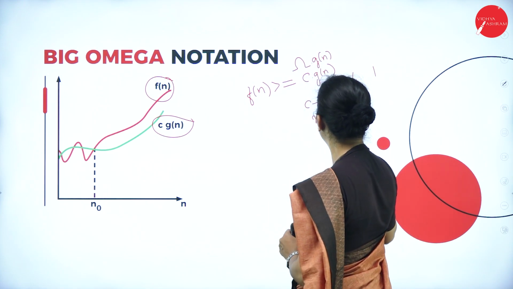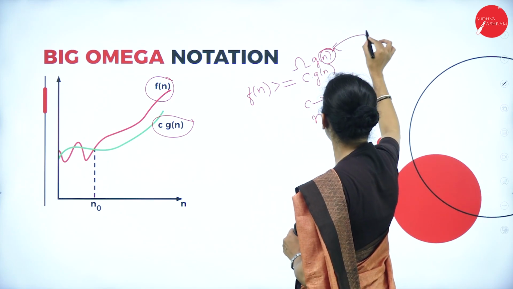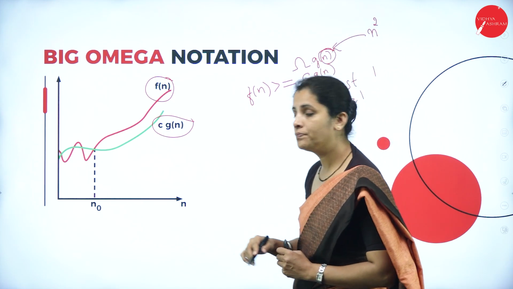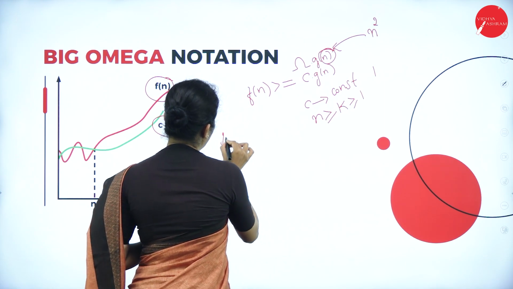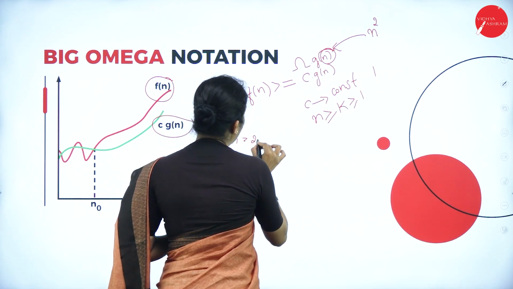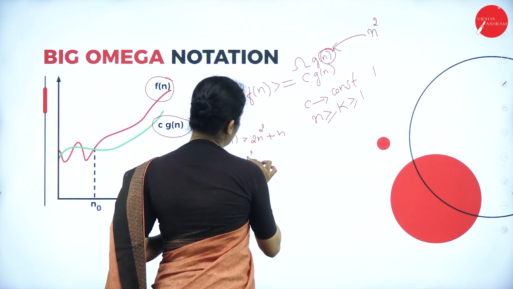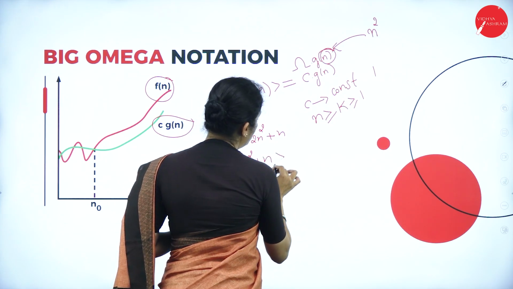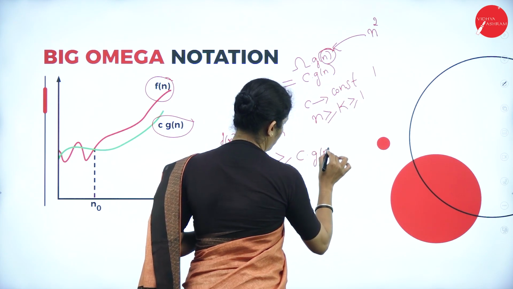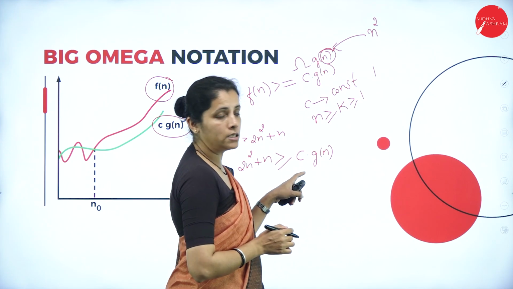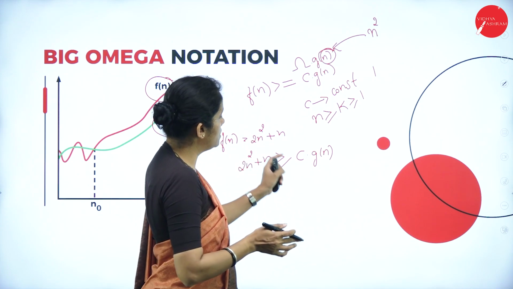Now, I want to select the n value. So what I will do, I'll consider the quadratic equation n square. Now, I know f of n is nothing but 2n square plus n. So 2n square plus n should be greater than or equal to C of g of n. Now, I want to select C in such a way that f of n must be greater than C of g of n.